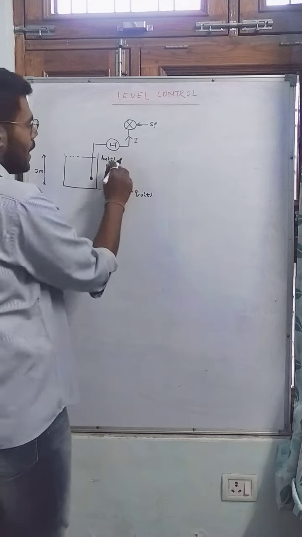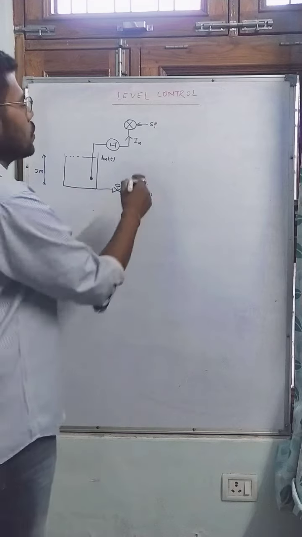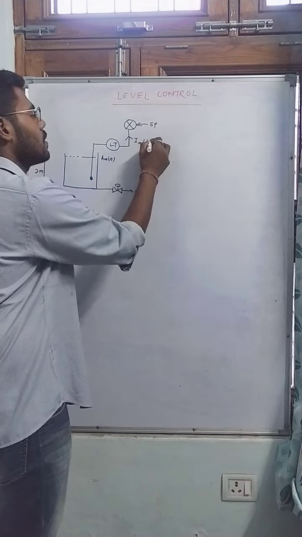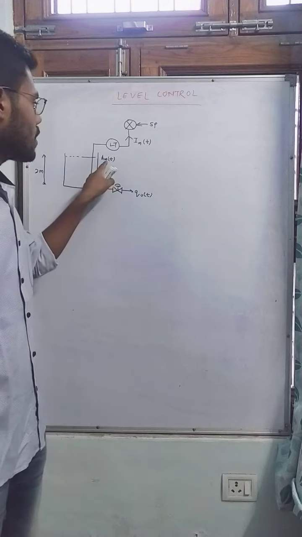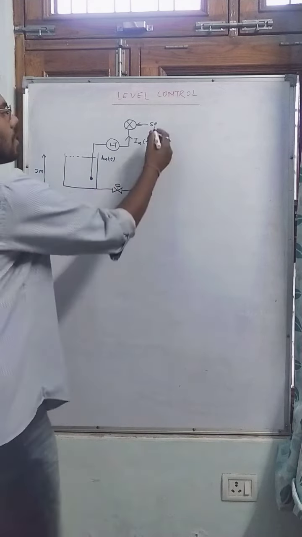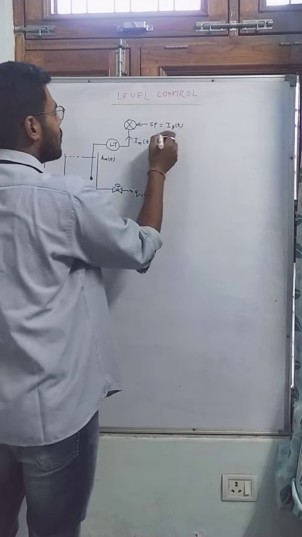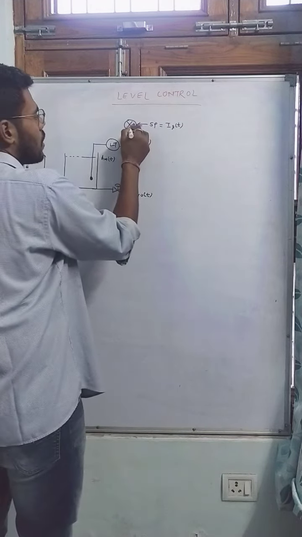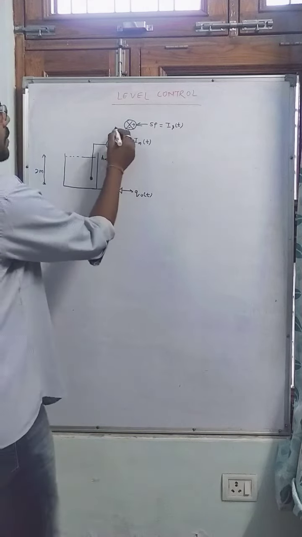And this level transmitter will convert this height into some measurable current. So the current corresponding to this height HMT is IMT. Our set point is IST. Now this current will be compared with the set point and an error will be generated.